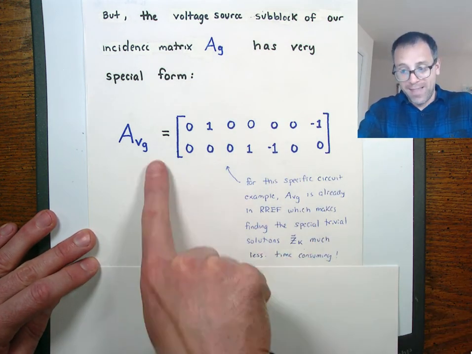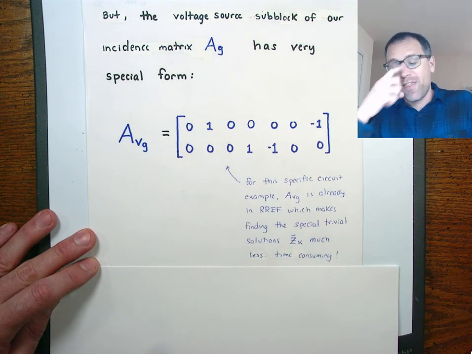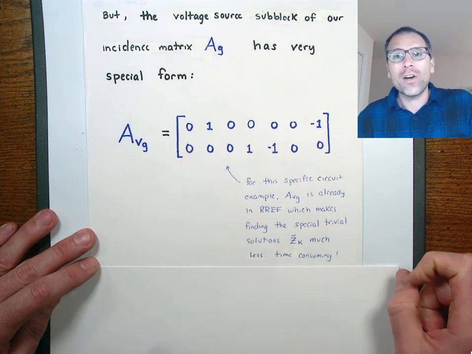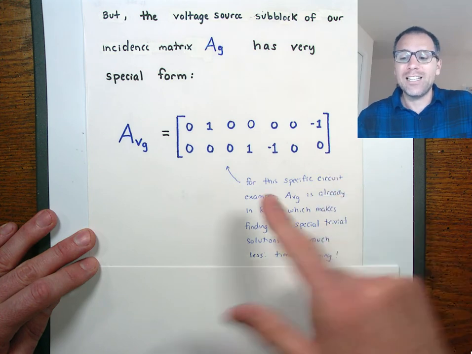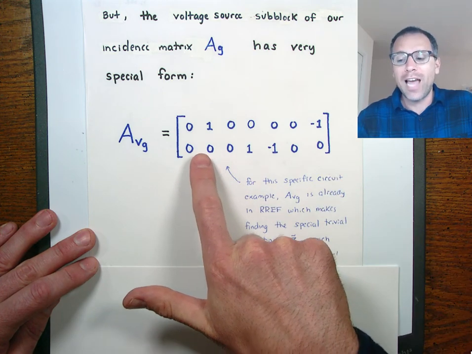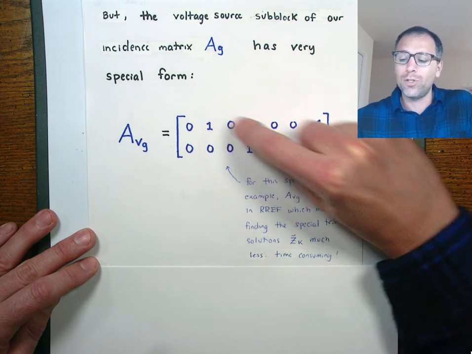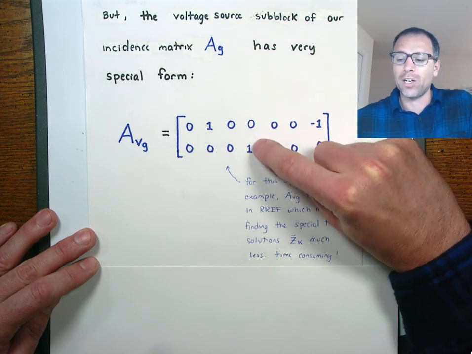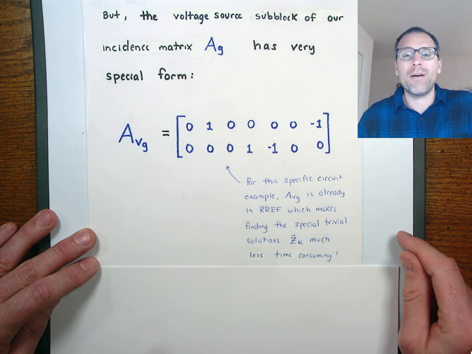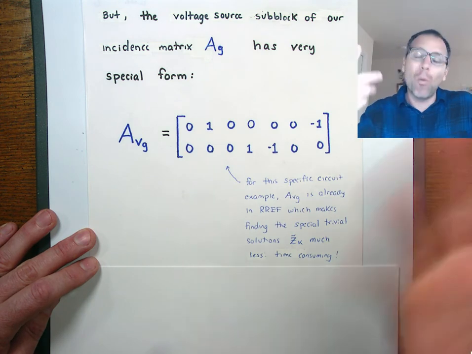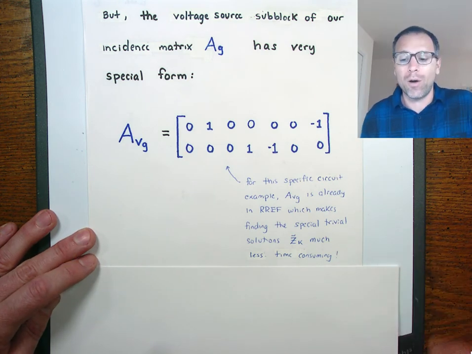For this circuit, it is actually written right here. This matrix is already in RREF form, which is the traditional technique that we use to find where the pivot and non-pivot columns are. In this case, we have one pivot column in column 2 and a second pivot column in column 4. Every other column of that matrix is a non-pivot column. Go back and watch previous videos if you want to see more about that information.